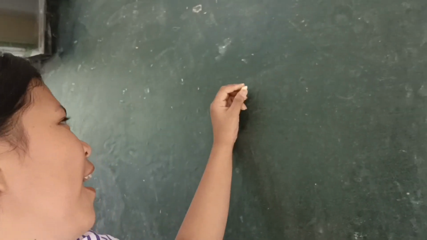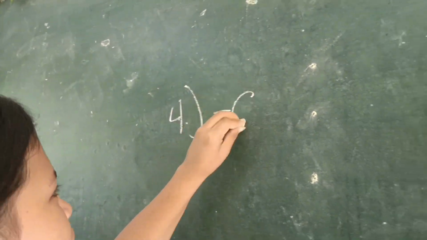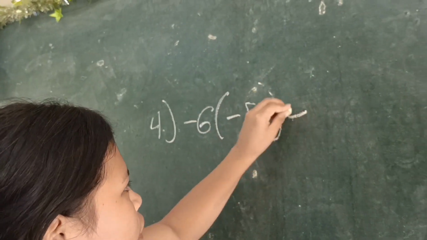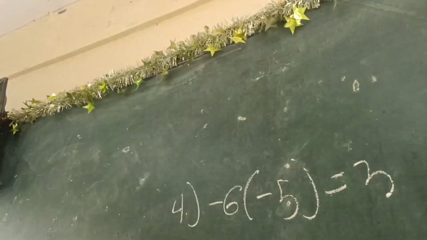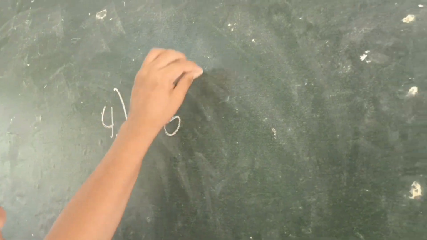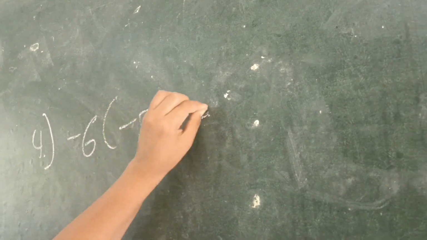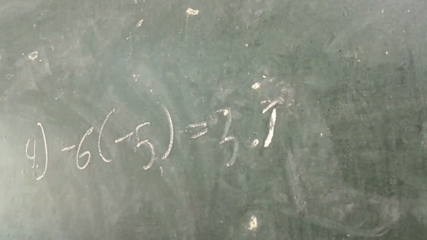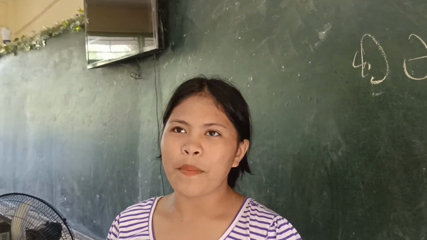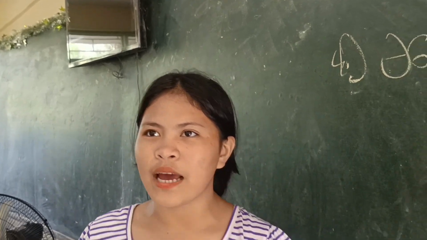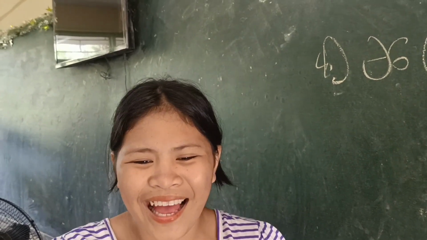Fourth example, negative 6 multiplied by negative 5 is 30. 5, 4, 3, 2, 1, rolling. Action. Sorry.